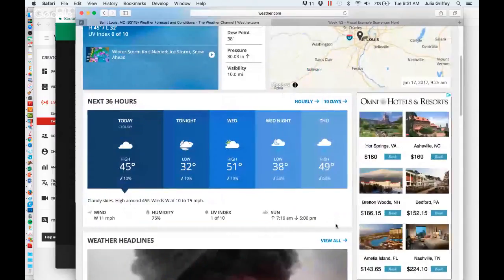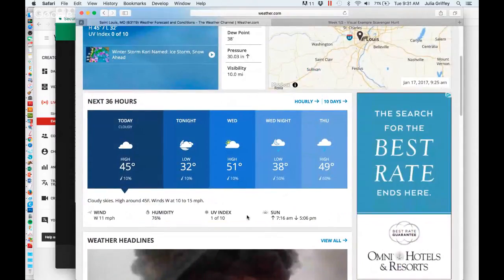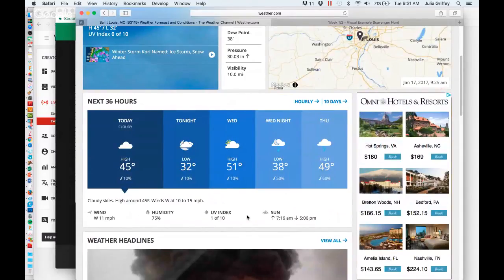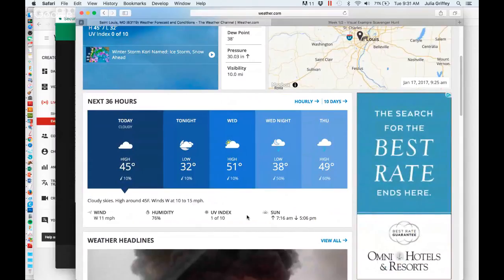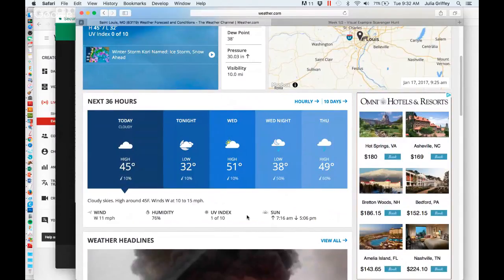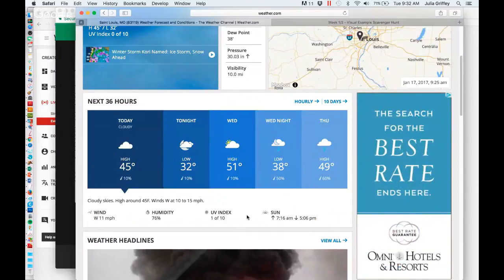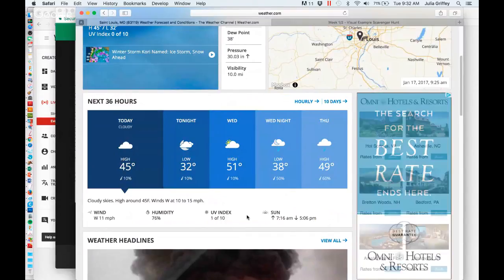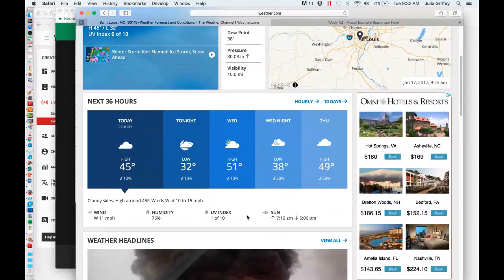Okay, this presentation here, do you see how there's a lot of consistency in the way that this is presented? Today, tonight, Wednesday night, Thursday, the type is located in the same place. It's always white. These icons are rendered similarly, so we can get a sense for cloudy, sun's going to come out.